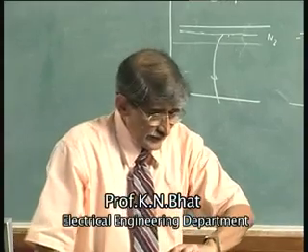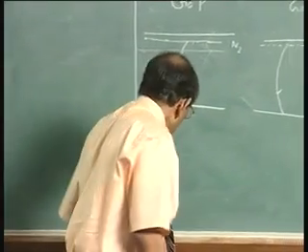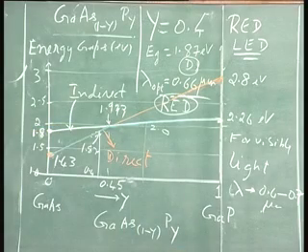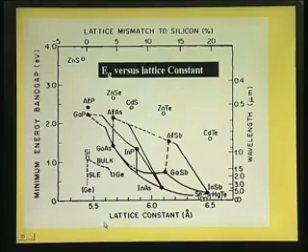Now, there is one more very interesting application which we have been working on in our laboratory at IIT, that is the detector. I am just citing some of the applications while we are discussing this. You can use a material like gallium indium arsenide, if you go down here, and make a detector which is suitable for optoelectronic applications.